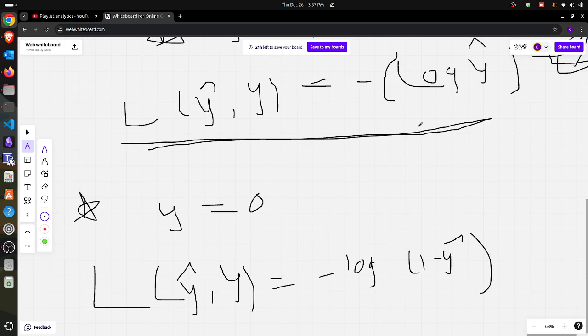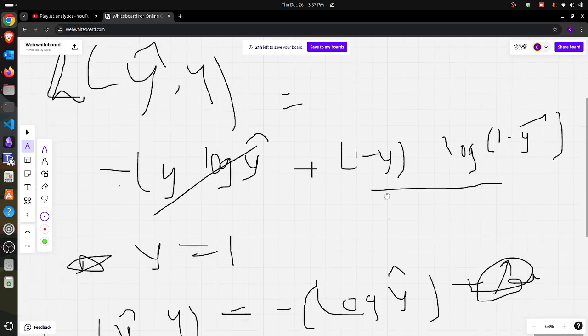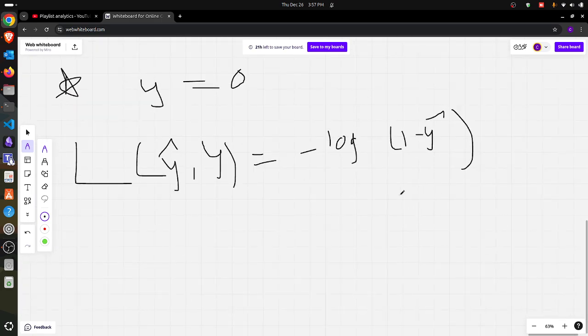If we put 0 for y in this equation, then the first term goes to 0, and we are left with minus log 1 minus y hat.